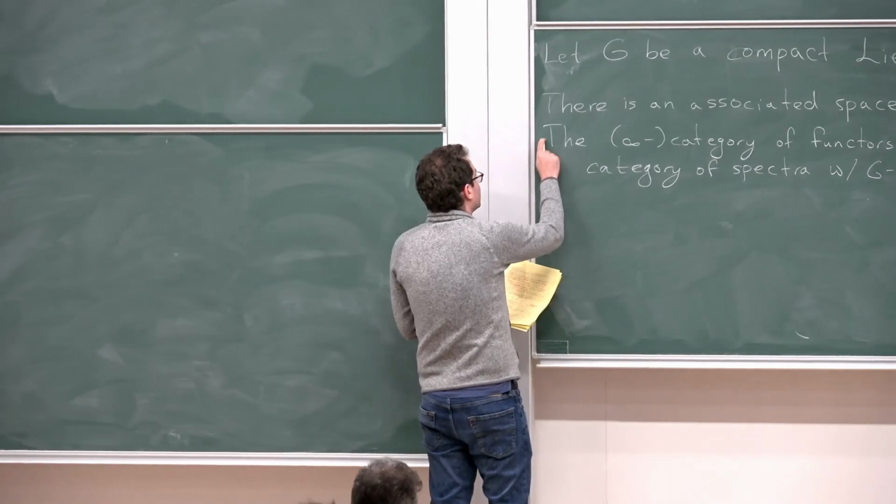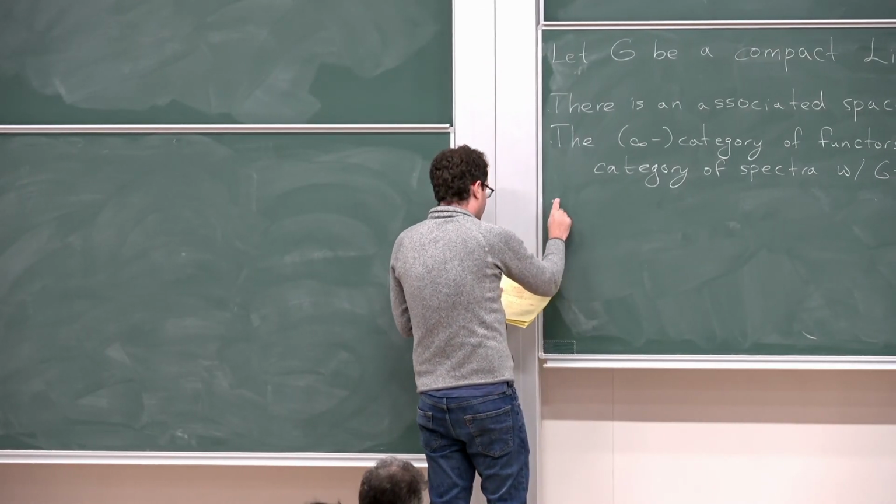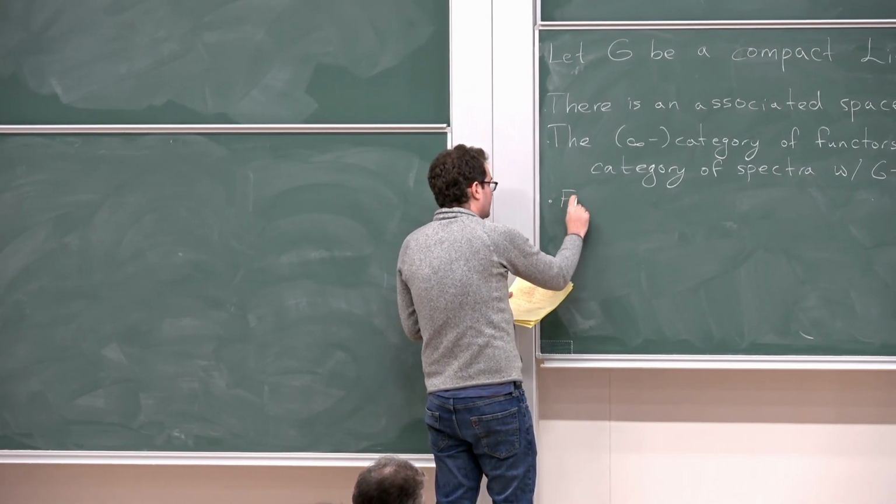Okay, and then what are the kinds of invariants one extracts from a Borel G-spectrum?